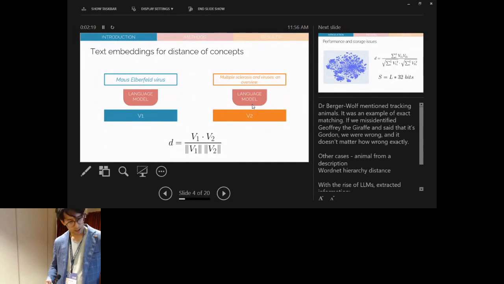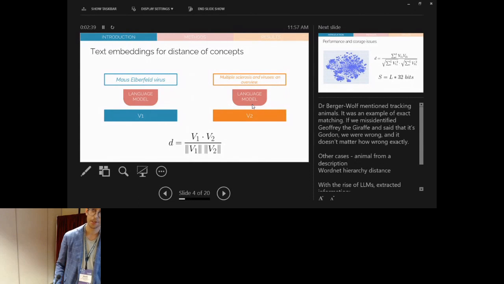For example, a commonly used one is the WordNet distance. So we try to find how far away we are in the hierarchy between the concept that we were meant to find and the concept that we actually found.